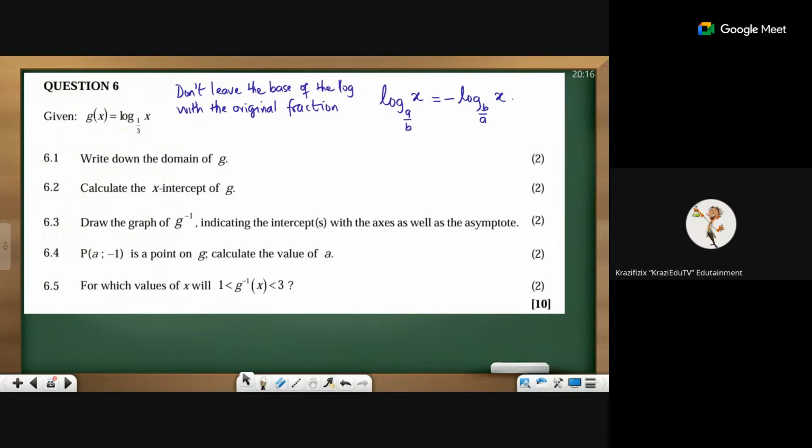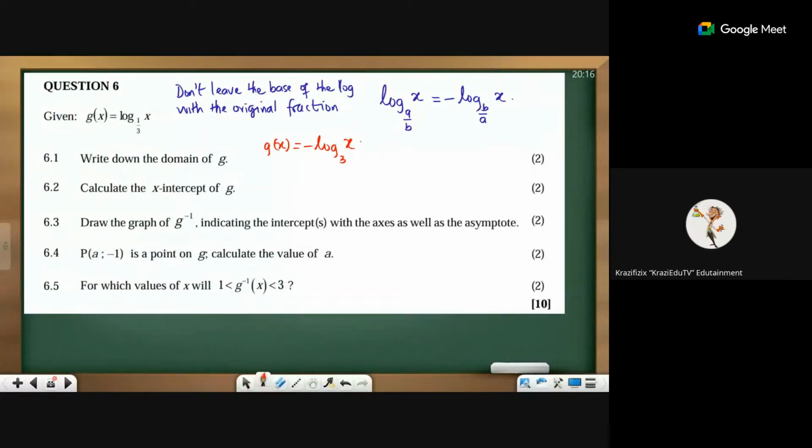What is the domain? Okay, first we said I'm not going to leave my answer like that. I'm going to work with g of x. What's my g of x going to be? Negative log base 3 of x, because 3 over 1 is that 3, right? Okay. What is the domain? Quickly. X values. And whenever you do this, listen, x must always be greater than what? 0.